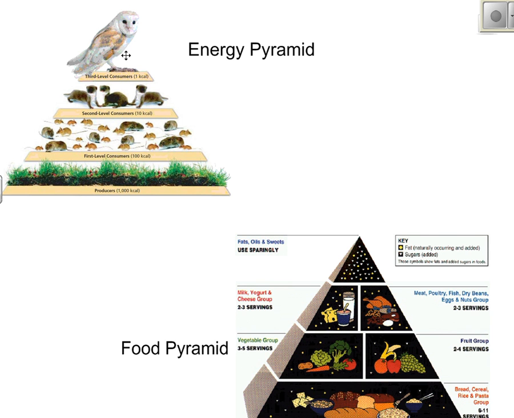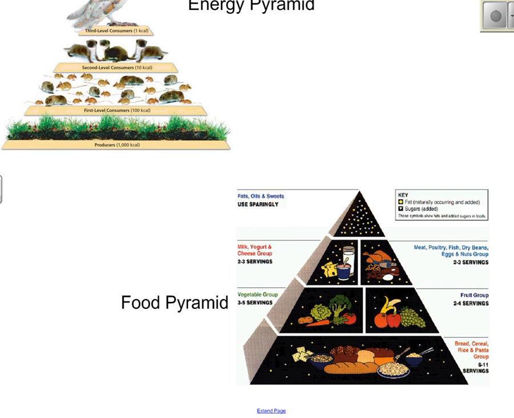And when the third level consumer, like this big owl, eats a prairie dog, it's only getting 1 kilocalorie per prairie dog. So that's not very much, and that's why you can't have very many of these big consumers, because think about how much the owl's going to need to eat to be able to function properly. So that's the energy pyramid.